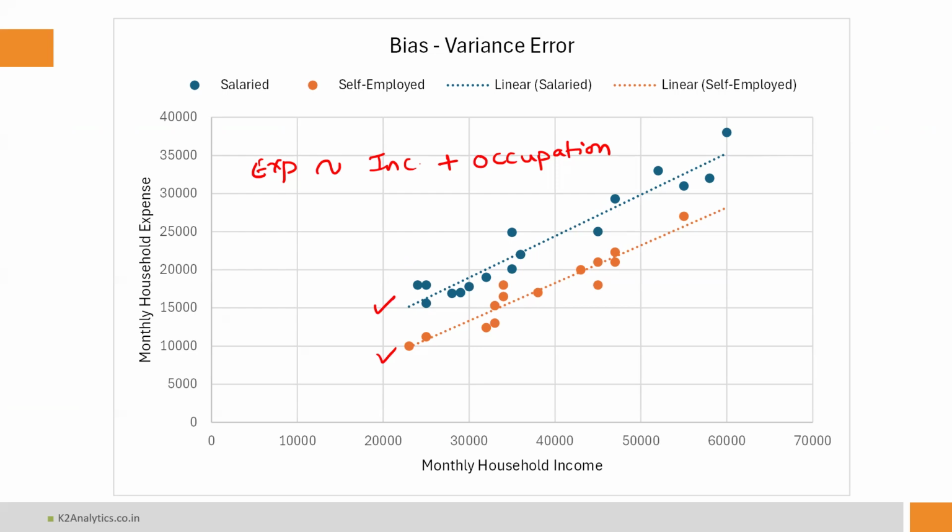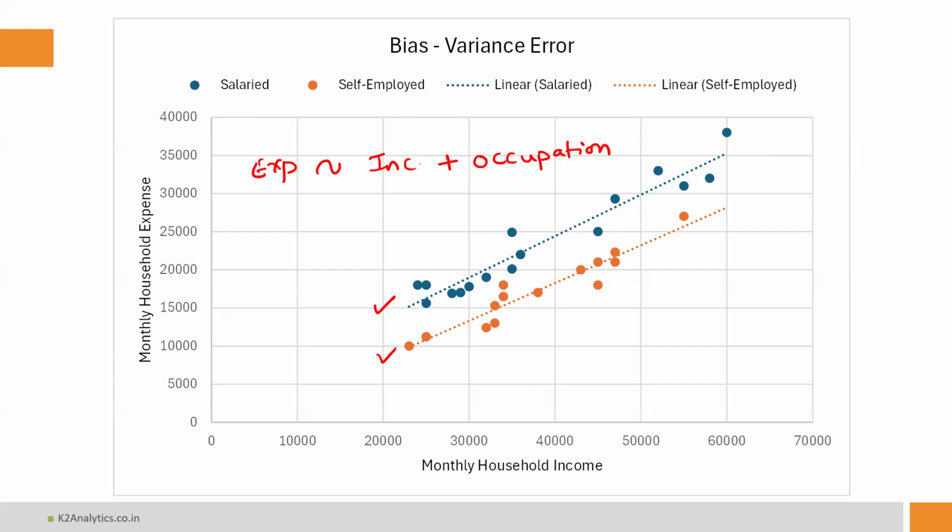And this reduction in error is happening by introducing a variable which has influence. The error which is left in the model when you do not consider predictor variables having influence on the target, not being part of the equation, is called bias error.